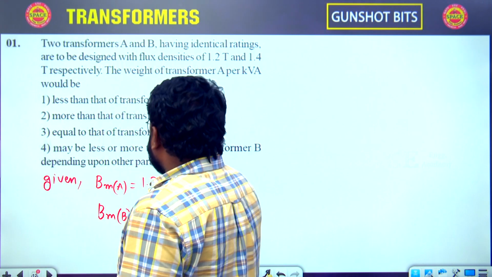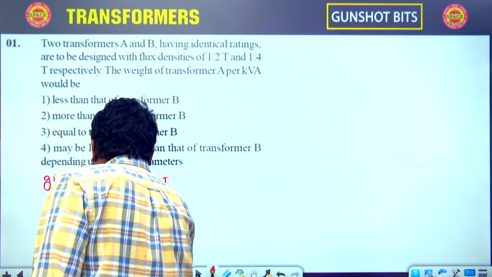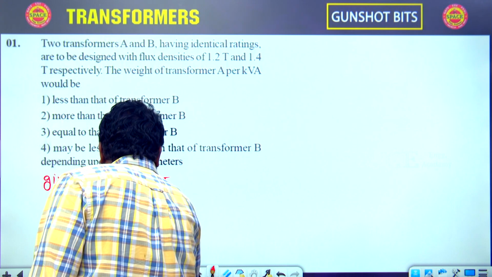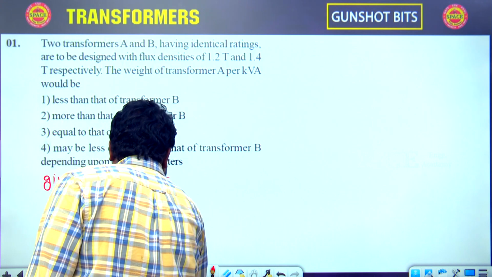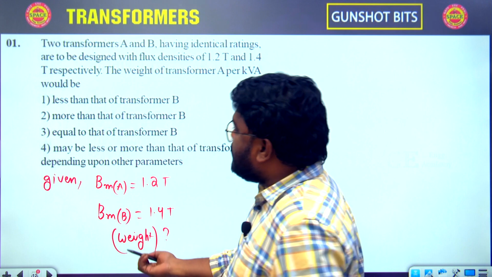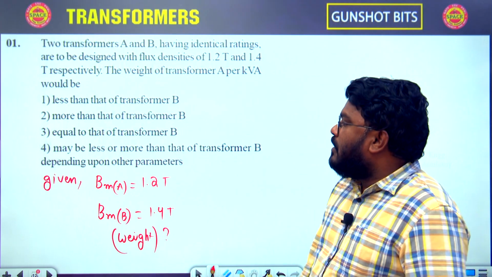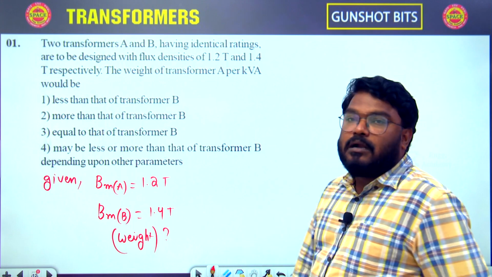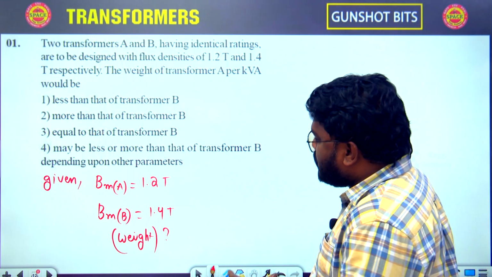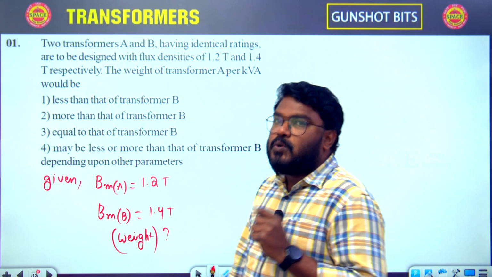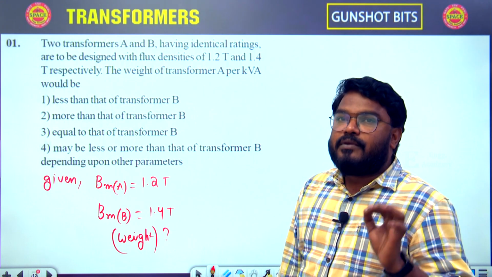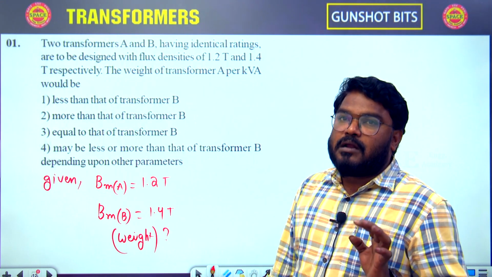We need to find the weight of the transformer per kVA rating, from a comparison point of view. So which transformer has more weight, less weight, or equal weight? This question can be solved by using the concept of the EMF equation of the transformer.